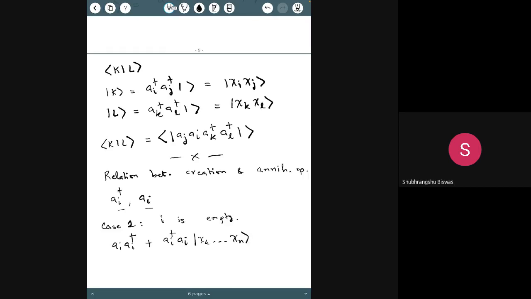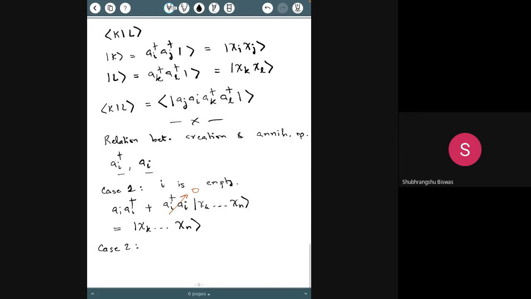If it does not contain I, the action of A_I is 0. So you only have the creation in A_I dagger, and then again destruction in A_I, which means that the determinant remains unchanged.